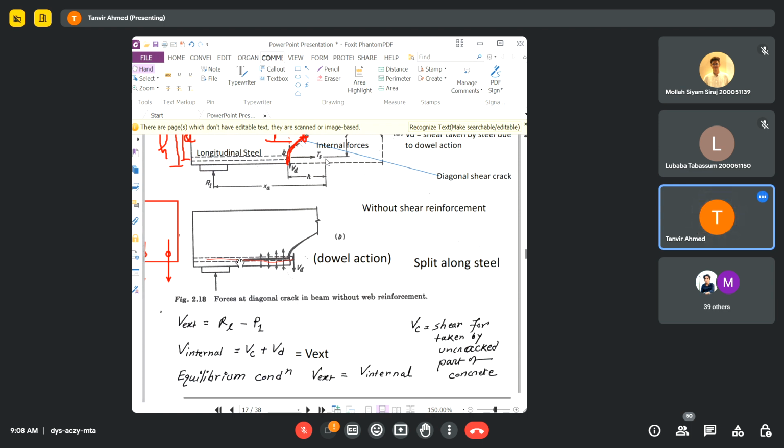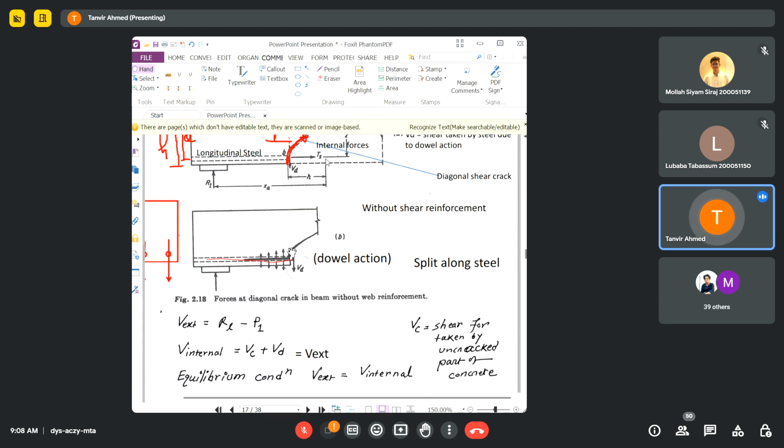and for that reason the shear crack, when it reaches the longitudinal reinforcement, it will not propagate further to the down. Rather, because of this dowel action, the steel reinforcement is trying to separate the concrete. Because of this shear force, it is trying to separate or split the concrete from the bottom from the top of the concrete. ঠিক আছে, bottom concrete কে top concrete থেকে split করে দিতে যাচ্ছে.